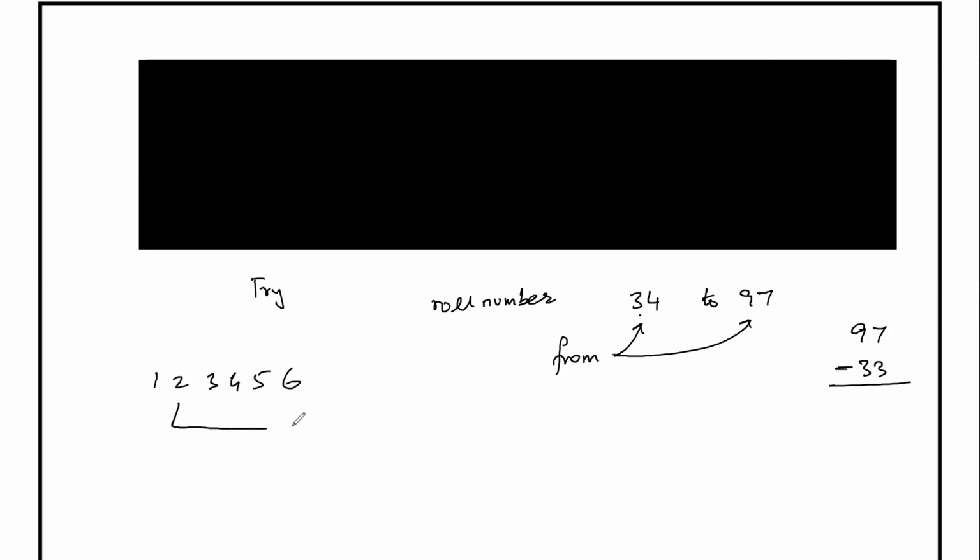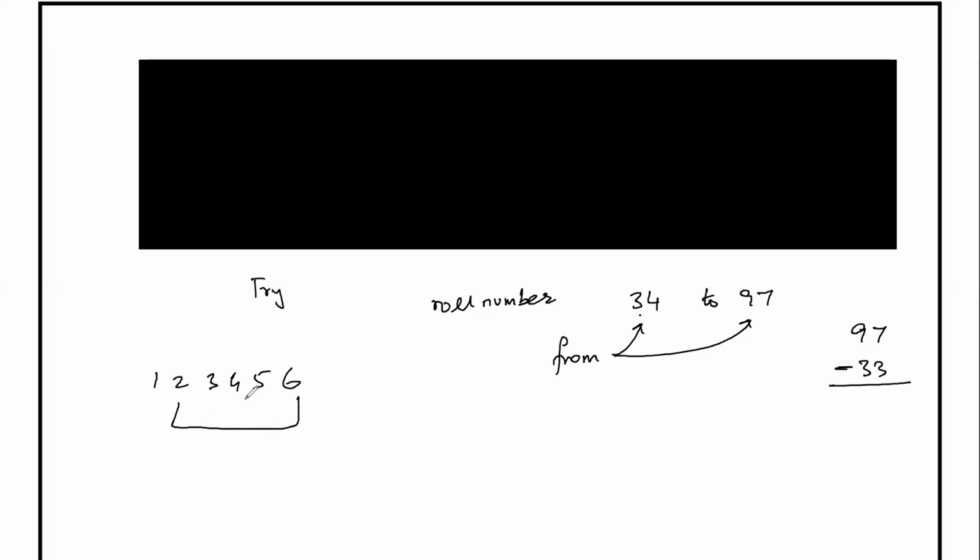So what you do is you take 97 and subtract 33 from it, because you have to include 34 and 97. Now whenever you don't understand these things, take a smaller set like 1, 2, 3, 4, 5, 6. So if you were to consider roll number 2 to 6, from 2 to 6 there are how many students? Correct.